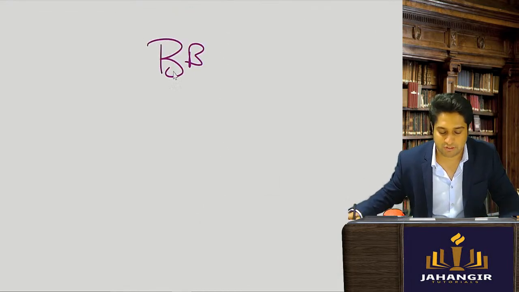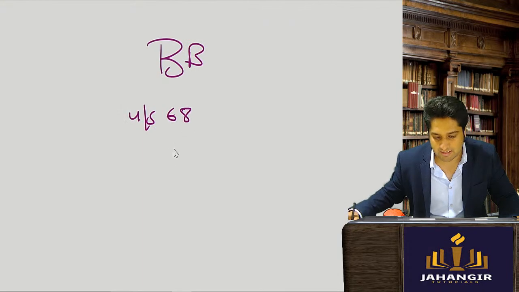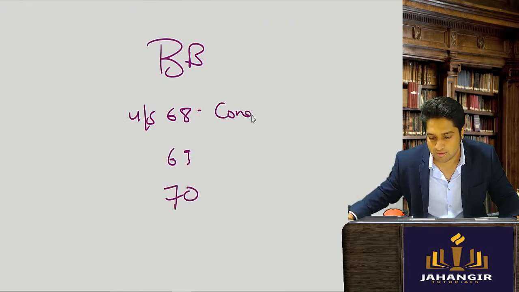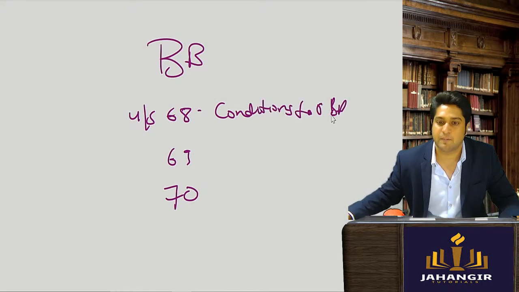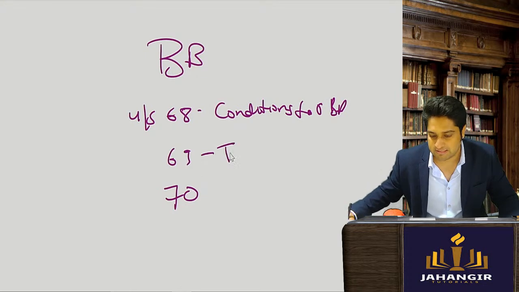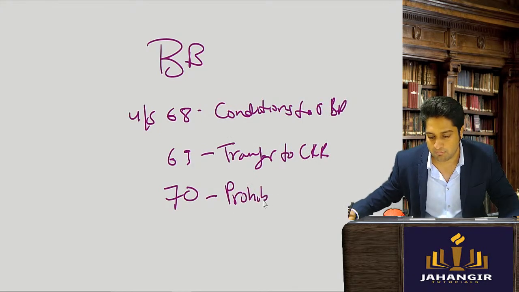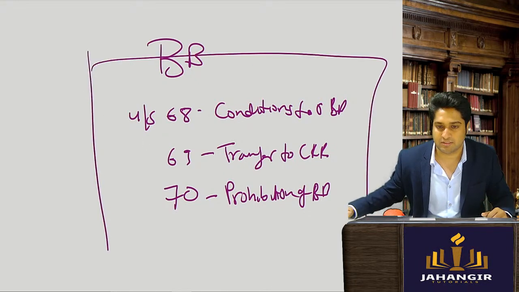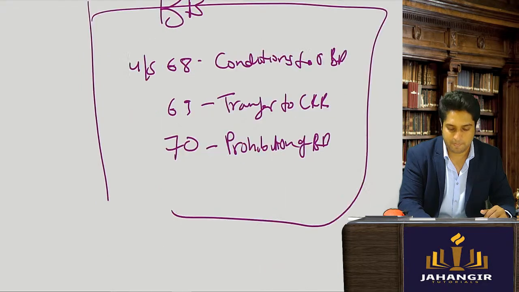So buyback section number, section 68, 69, 70. 68 gives you the conditions for buyback. 69 says transfer to CRR, and 70 talks about prohibition of buyback. Clear till here? So these are the important section numbers that you should remember.